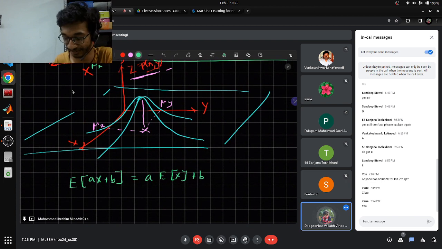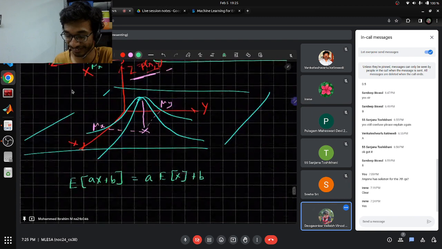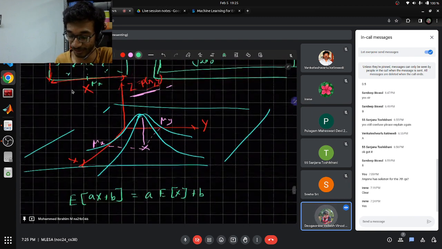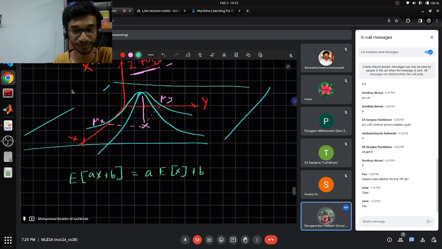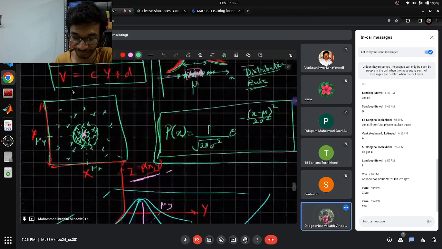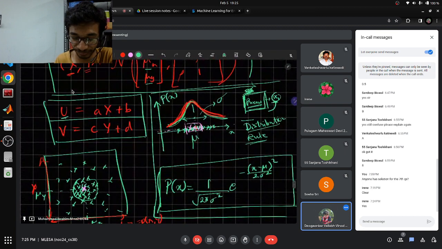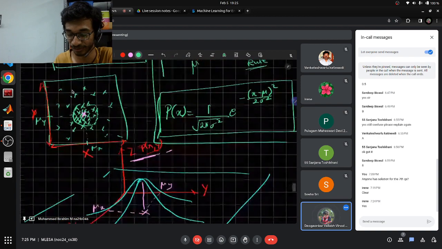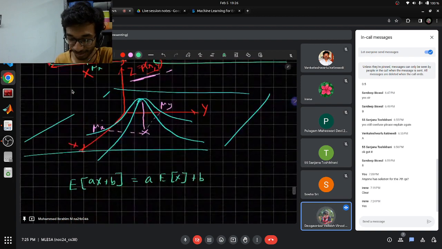This is just a way of quickly calculating the values, and you can get an idea of why this is happening. You now have a variable u which is related to x only, and you are essentially going to multiply every x number with a and add b. So that will shift this mu x point also.